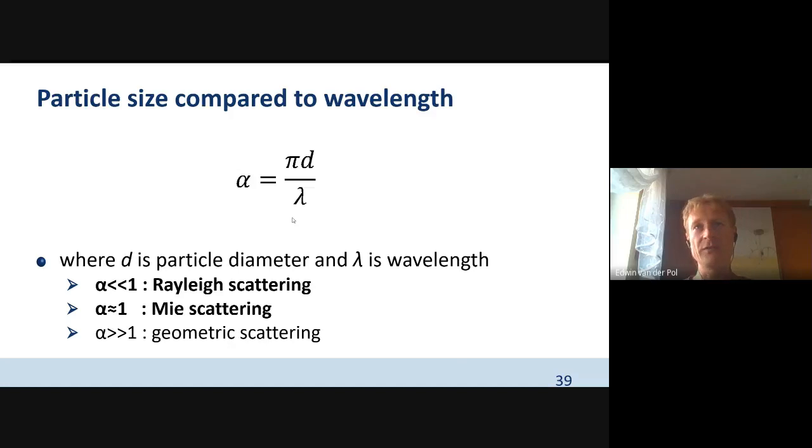There are certain regimes of light scattering defined by this formula: alpha is pi d, the diameter of the particle, divided by lambda. Today we will mainly focus on Rayleigh scattering, where alpha is much smaller than 1, and Mie scattering, where alpha is about 1. We don't look at larger particles, which could be described with geometric scattering approaches.